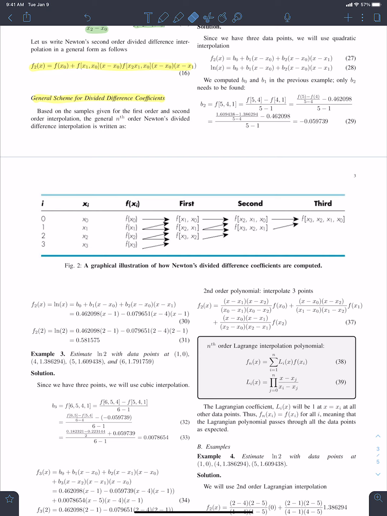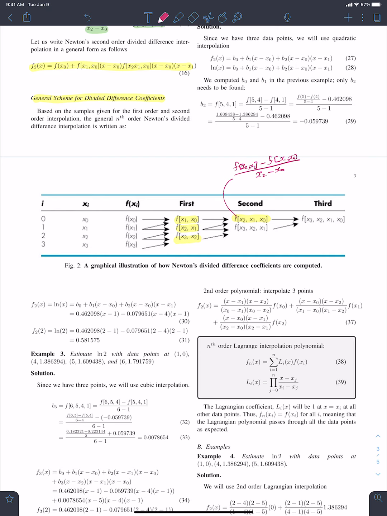If you have x0 and x1, you can compute f[x1, x0]. Then using x2 and x1, you can compute f[x2, x1], which is f(x2) minus f(x1) divided by x2 minus x1. This one is f(x3) minus f(x2) divided by x3 minus x2. This one is f[x2, x1] minus f[x1, x0] divided by x2 minus x0.